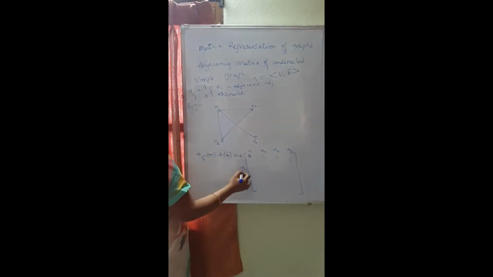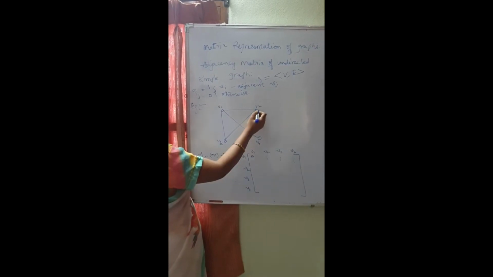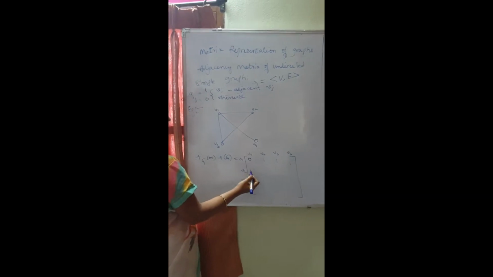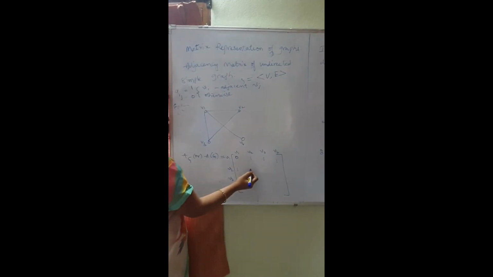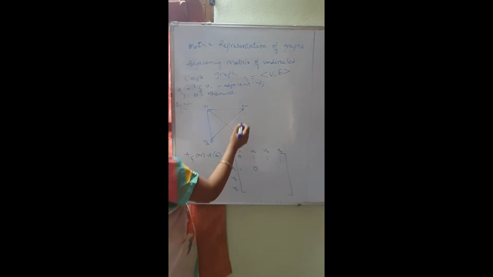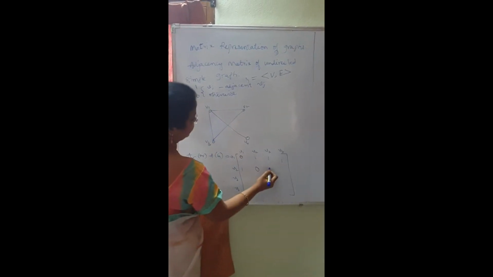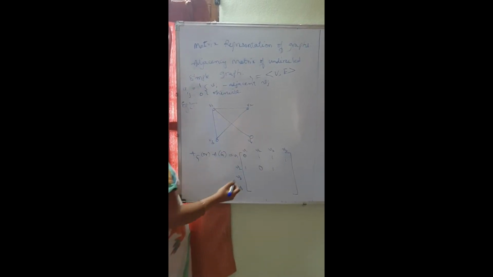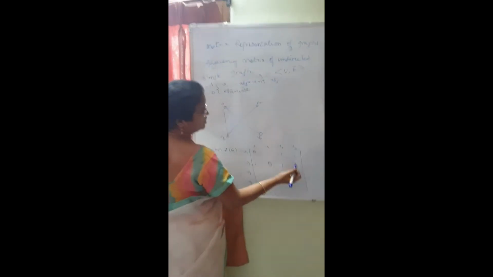Next, in the second row, we consider V2. V2 to V1 we have an edge, therefore we assign the value 1. V2 to V2 no loop, therefore it is 0. V2 to V3 we have an edge, therefore it is 1. V2 to V4 we do not have any edge, so we give the value 0.